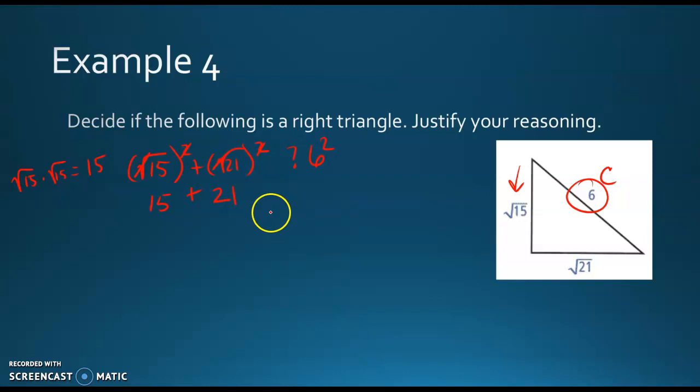So we're left with the 21 that was inside, question mark, 6 squared is 36. And so 15 plus 21 is 36. So 36 equals 36, and this one is a yes. And again, because the square root of 15 squared plus the square root of 21 squared is equal to 6 squared.